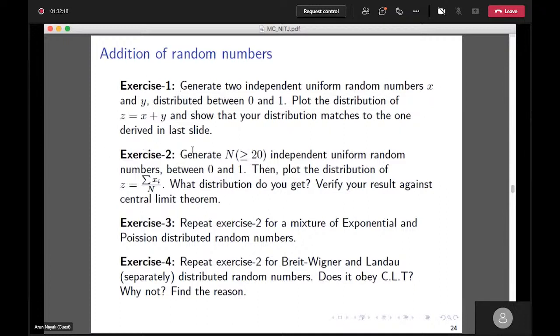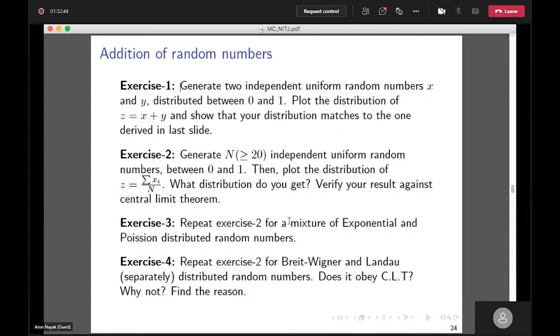And you can do the same exercise for a large number of similar random numbers, all distributed between 0 and 1, and you should get a Gaussian distribution, and you should verify the result against the central limit theorem.